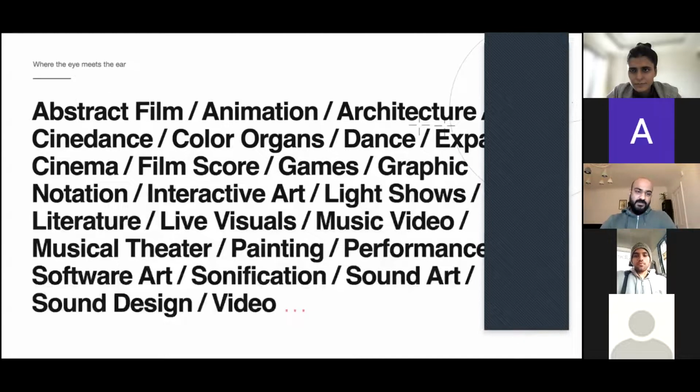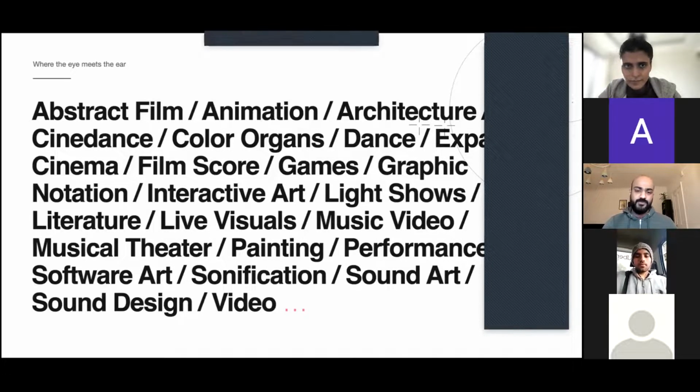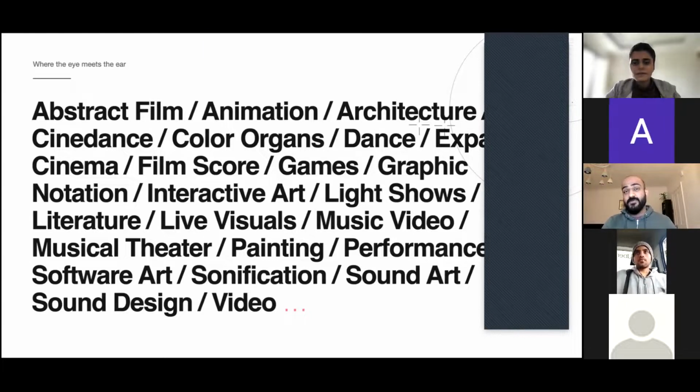Jumping into the core of this session, in today's audiovisual media culture, the merger of images and sound is quite ubiquitous. We can't really imagine a time where those two things weren't so closely related, and the technical and aesthetic boundaries of the two have become quite fluid.